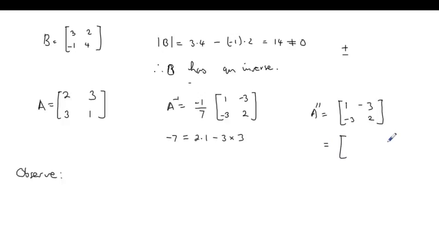Now let's do this. Notice that this one is at position 1, 1. What is 1, 1? First row, first column. And notice this minus is at position 1, 2. And this one is at position 2, 1. And this one is at position 2, 2.